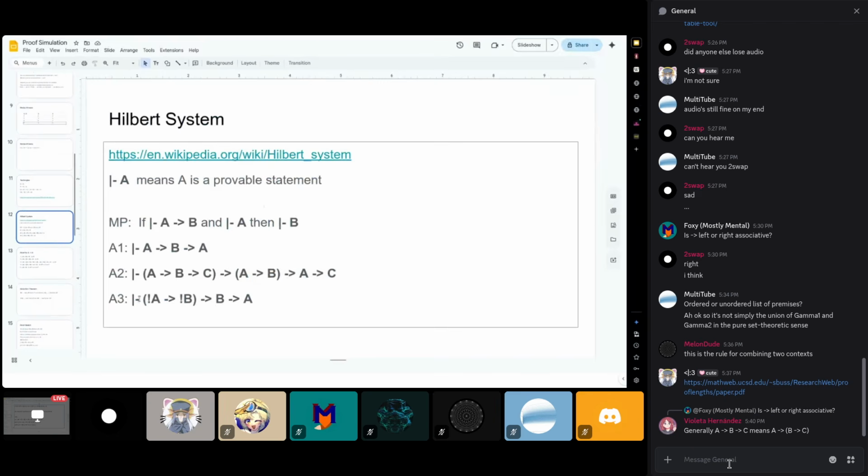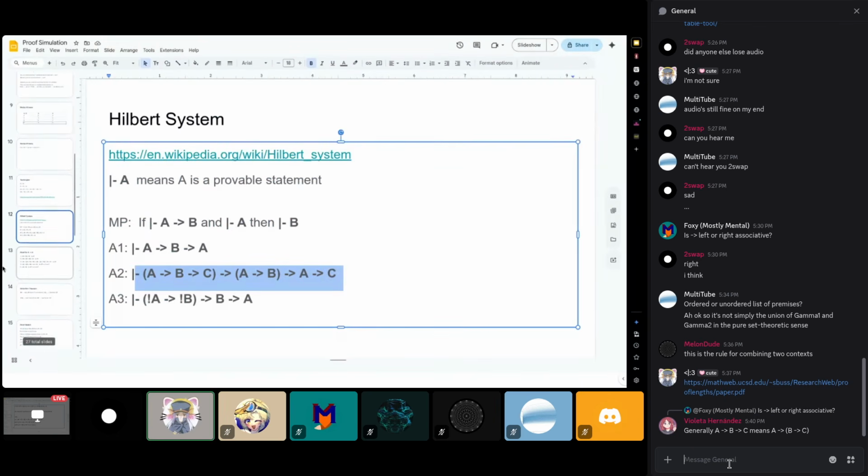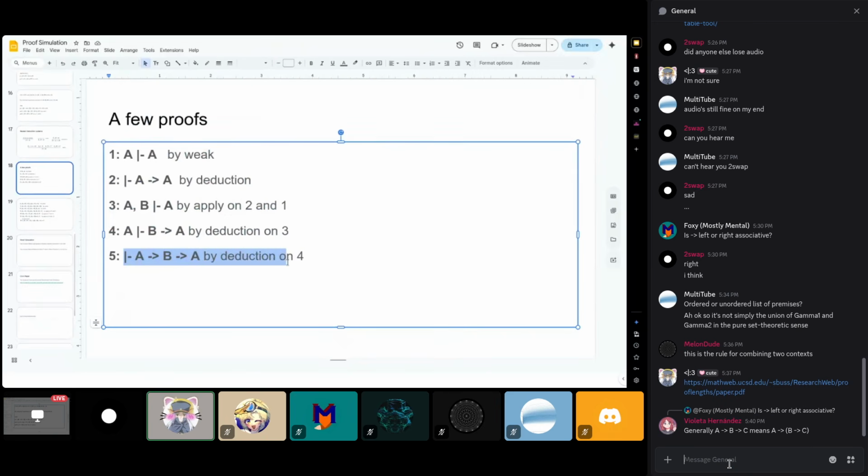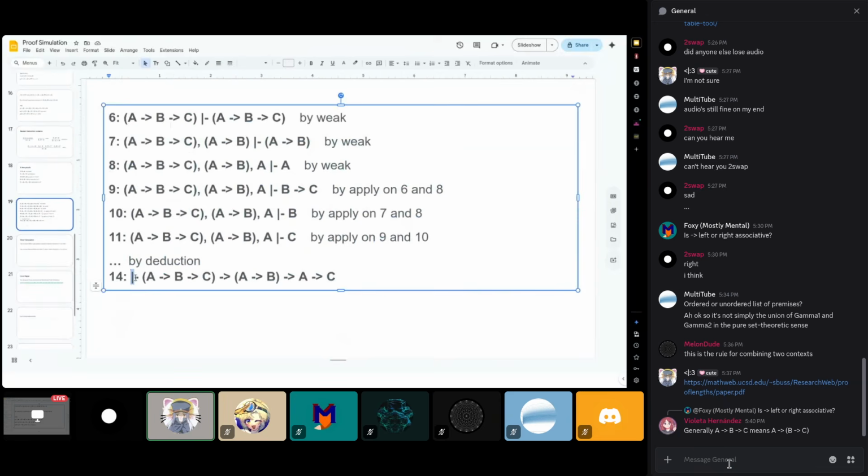Yeah, axiom 2. So that's interesting. We can prove A implies B implies A, and we can prove A implies B implies C implies whatever else.